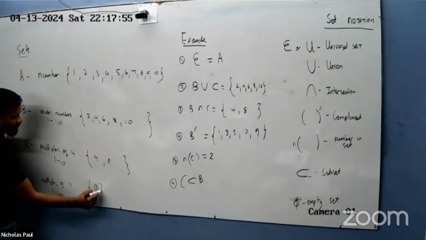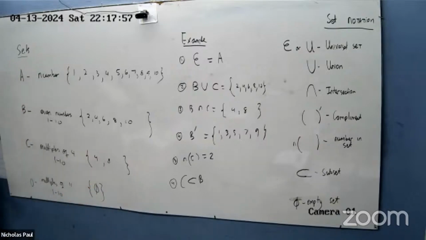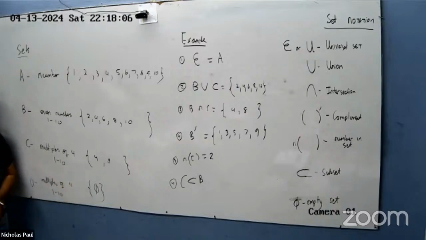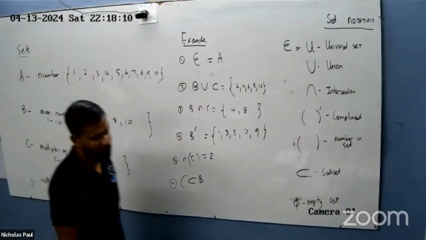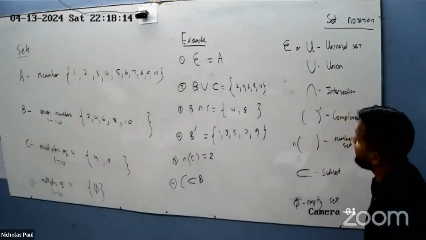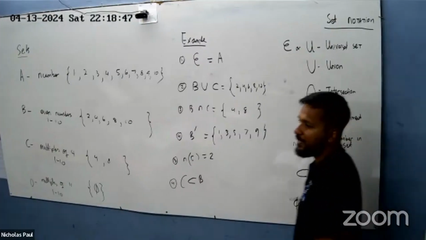Okay, so the number of multiples of 11 from 1 to 10 is an empty set, and that's the symbol for it. So these are all the symbols that we need to understand in sets and Venn diagrams.